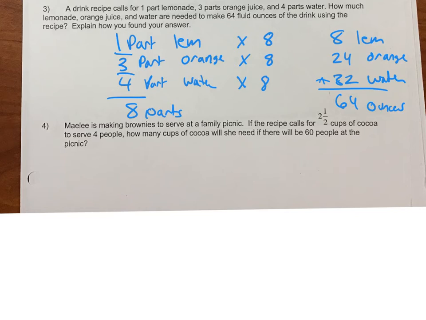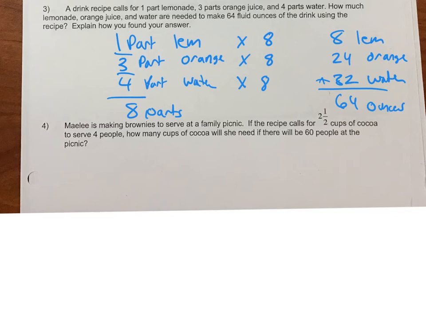Maylie is making brownies to serve at a family picnic. If the recipe calls for 2.5 cups of cocoa to serve 4 people, how many cups of cocoa will she need if there are 60 people at the picnic? All right.